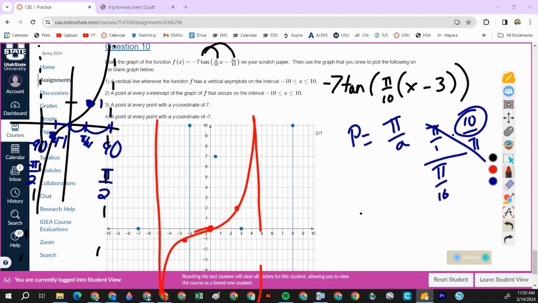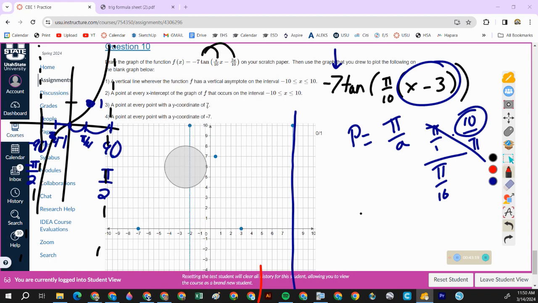So right now, this is what my tangent graph looks like, but I need to complete the transformations. So I need to move everything right 3, and that's where this line and this line come from. I'm going to make the graph 7 times taller and flip it upside down.